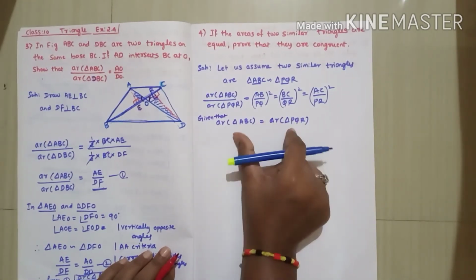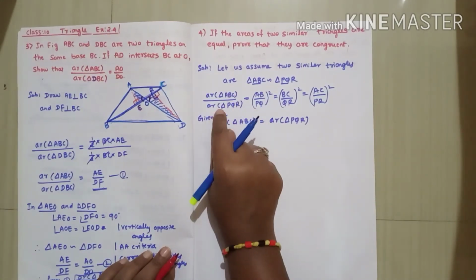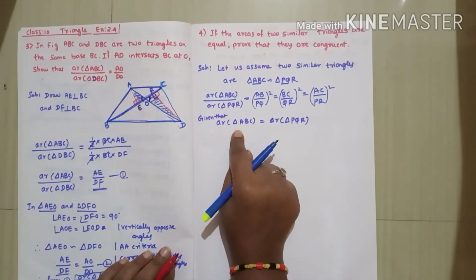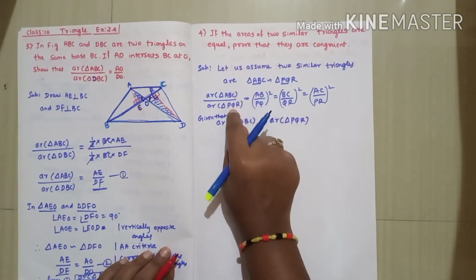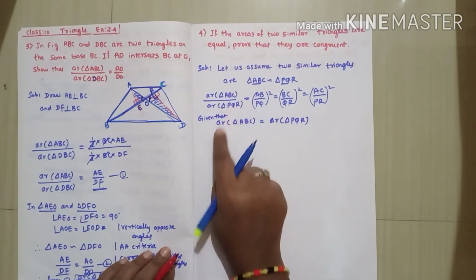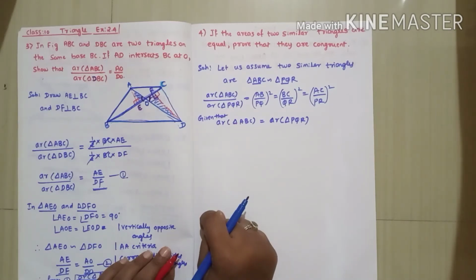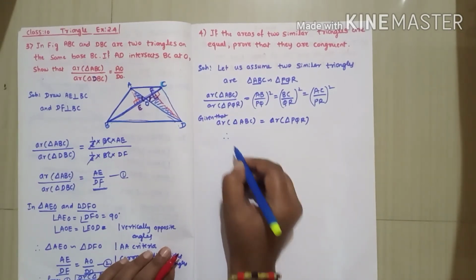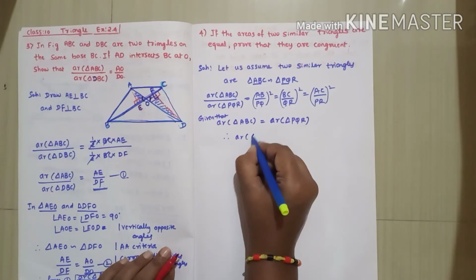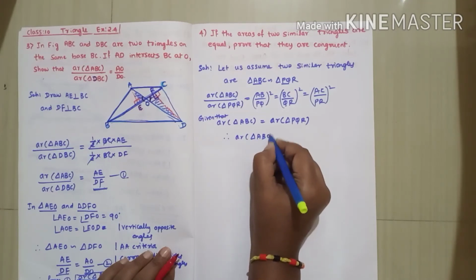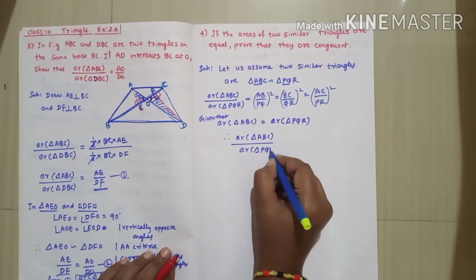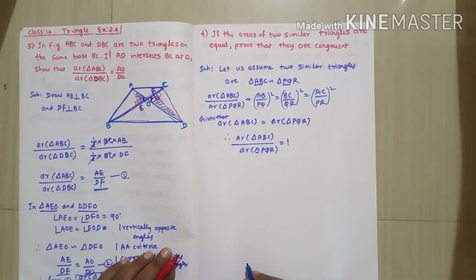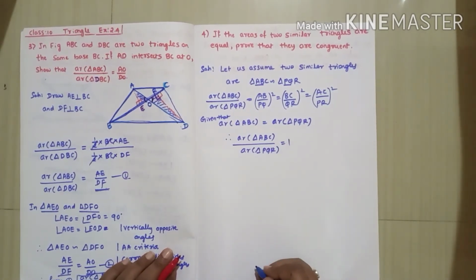If both are having the same areas, if you substitute here, suppose this is having 25 centimeter square, this is also having 25 centimeter square. 25 centimeter square divided by 25 centimeter square will get cancelled and you will get the answer as 1 there. Therefore, I can write area of triangle ABC divided by area of triangle PQR is equal to 1, because both will get cancelled and we'll get the answer 1.